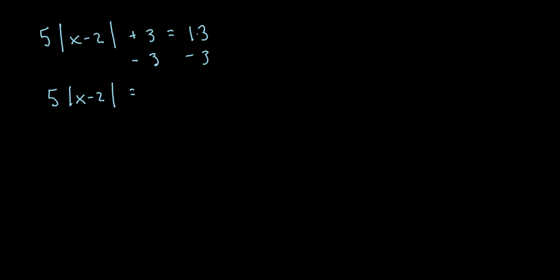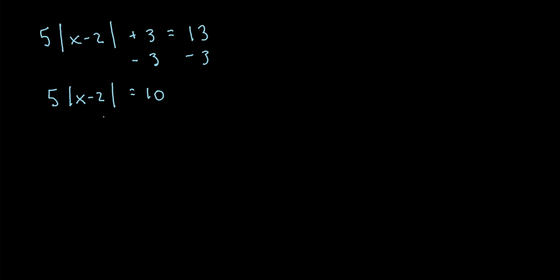Let's say we have 5 times the absolute value of x minus 2 plus 3 is equal to 13. So we want to figure out what values of x make this expression true. Well, we want to start by first isolating these absolute value signs. So the way that we can do that is we can subtract a 3 from each side, and we'll be left with 5 times the absolute value of x minus 2 is equal to, over here we have 13 minus 3, that's 10.